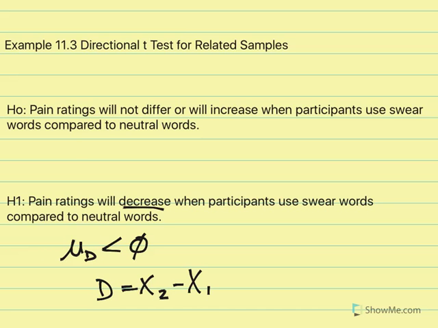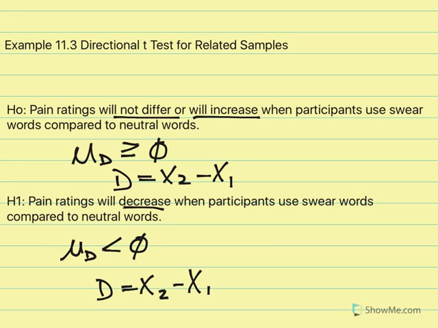And the null hypothesis would state that the population mean difference, and we use the opposite sign, is greater than or equal to 0. So again, it will increase or not differ. Given that we're calculating D by taking our second condition minus our first condition, the null is stating that the swear condition, condition 2, is going to produce higher pain rating scores compared to the neutral word condition.